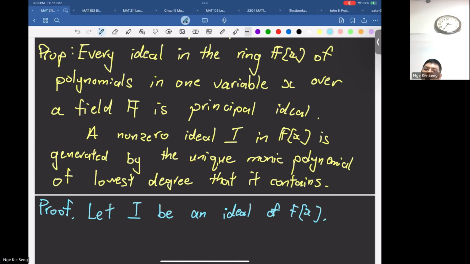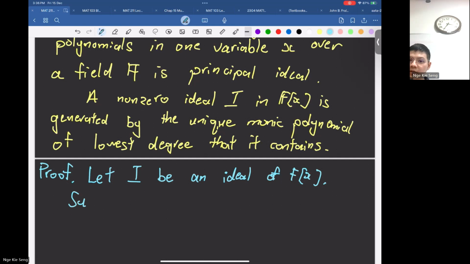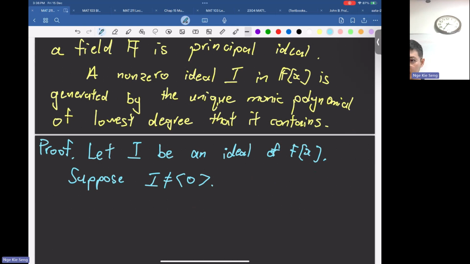And what can we suppose? Suppose that I is not the zero ideal. If not, we are done, because zero is the unique monic polynomial.